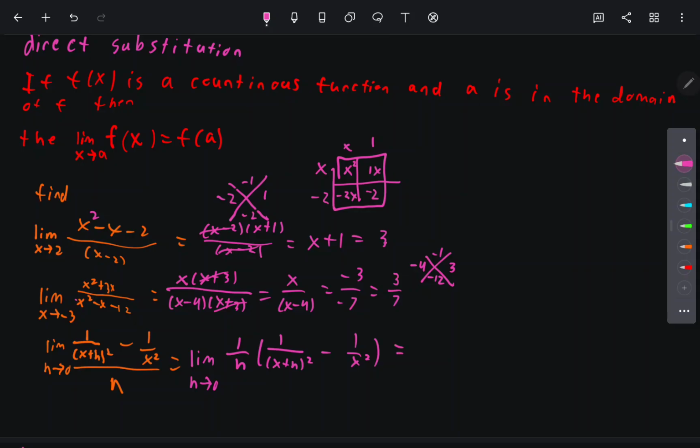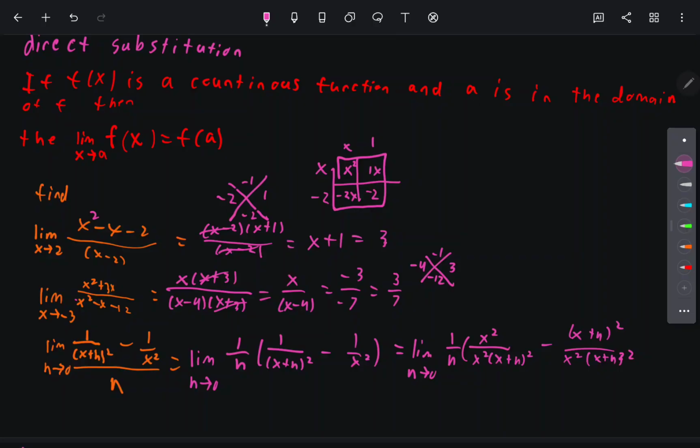So multiplying through, cross multiplying, so we're going to get a limit as h approaches 0 of 1 over h times by x squared divided by x squared times by x plus h squared minus, and this is going to be x plus h squared, minus x squared over x squared times by x plus h squared.